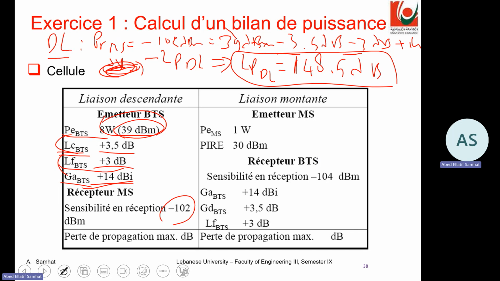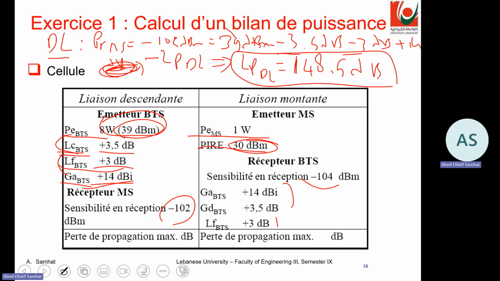So let's calculate it in the uplink. In the uplink, the transmitted power is 30 dBm, and the sensitivity is minus 104 dBm, and we have gain and we have loss.